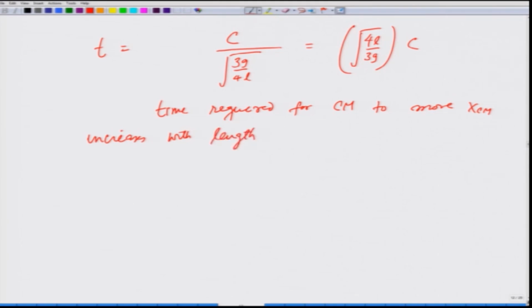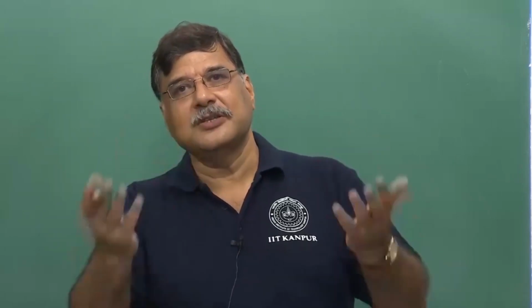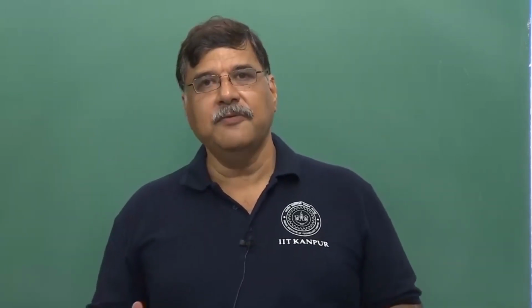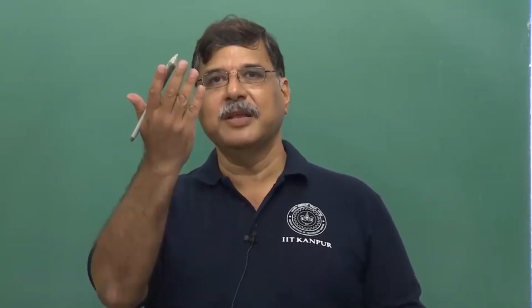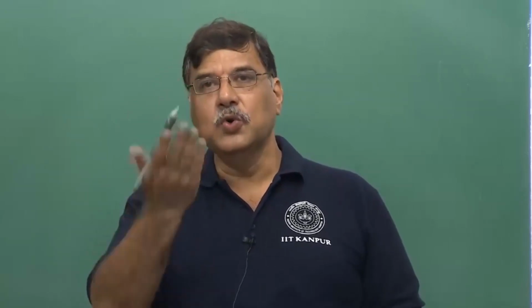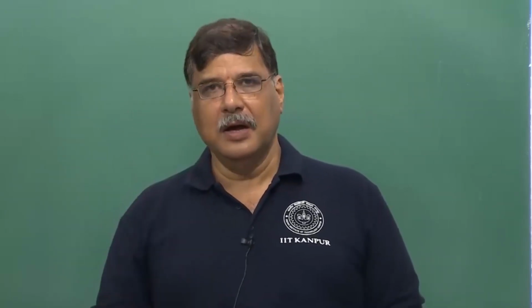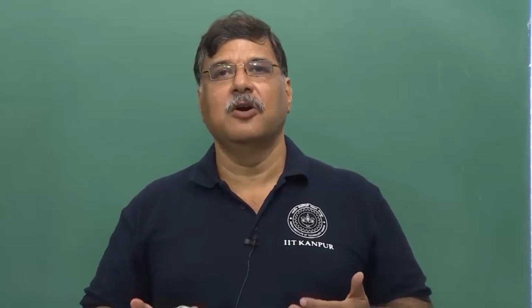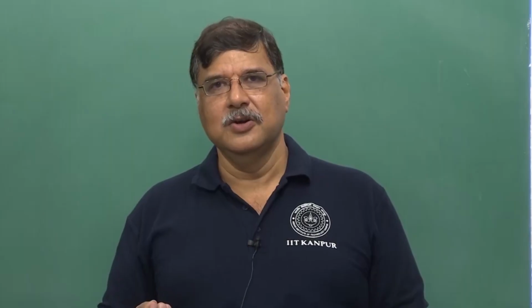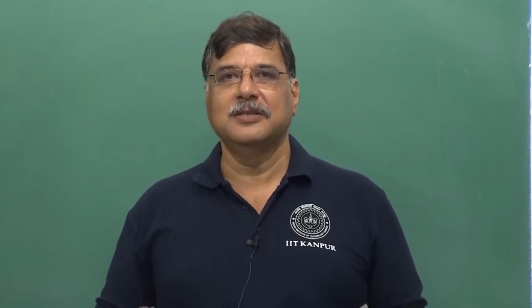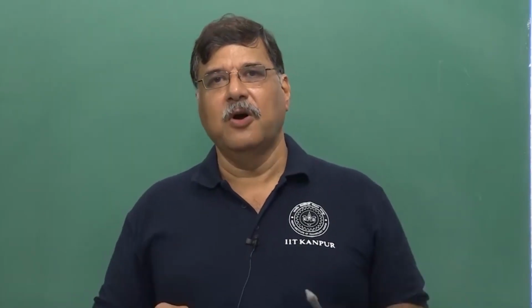So, the longer the rod, the more time it takes for it to cover a distance so that it starts falling, and if it gives you more time, then you have more time to adjust your finger so that you again bring the center of mass back to exactly vertically above the finger so that the rod gets balanced. So, the longer the rod, the more time a person holding the rod gets to balance it, and therefore, you can balance it more easily than when the rod is shorter.